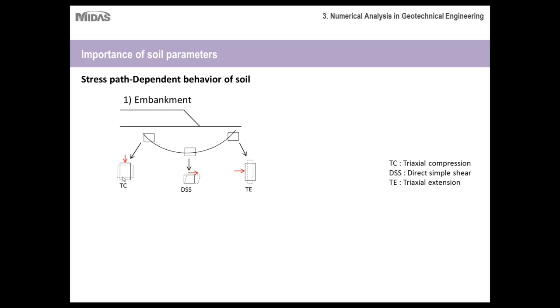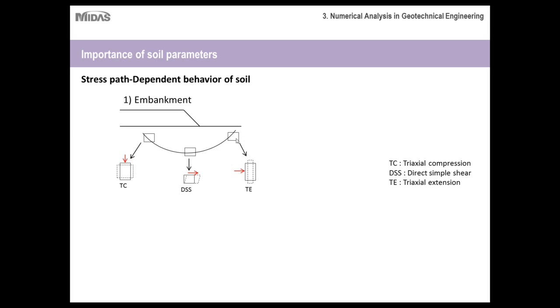For example, here, as you can see, the loading is axial, in which case we need to do the triaxial compression test to predict how the soil would react. In this case, there's a shear going across the top, so we need the direct simple shear test to calculate how the soil would react.